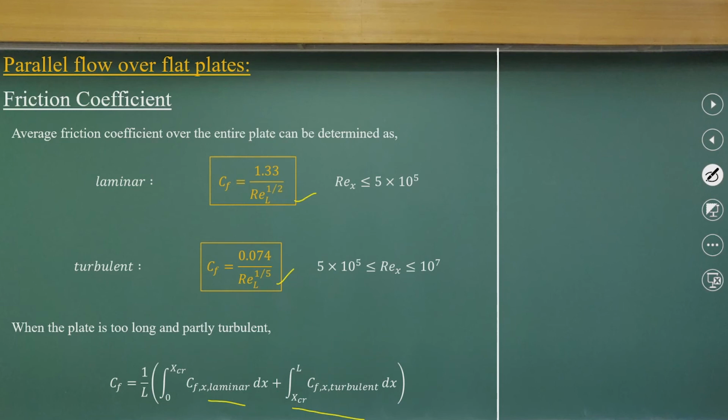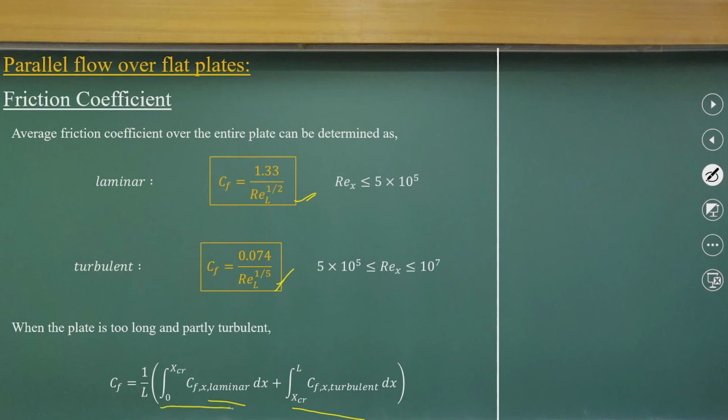If you find that only laminar flow happens, then that will be the average. Or you just assume that laminar flow is not significantly contributing to the average friction coefficient, and only the turbulent regions you can consider, which will give it as a function of Reynolds number.